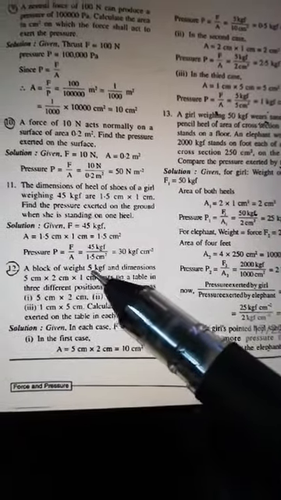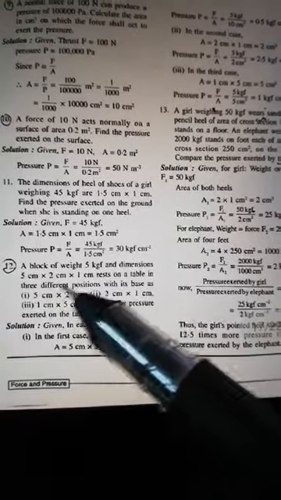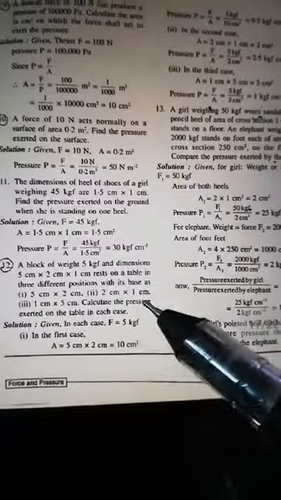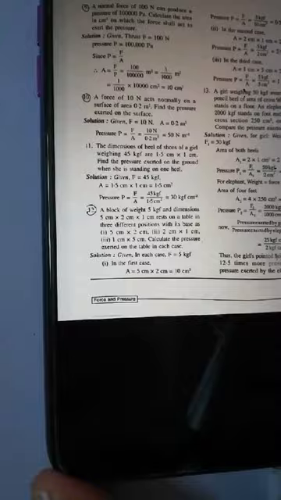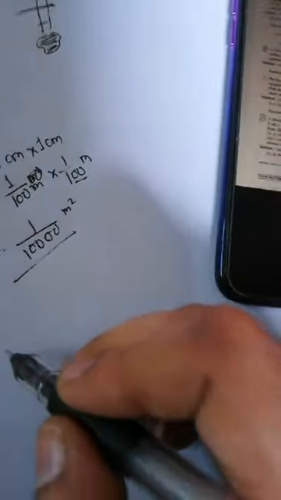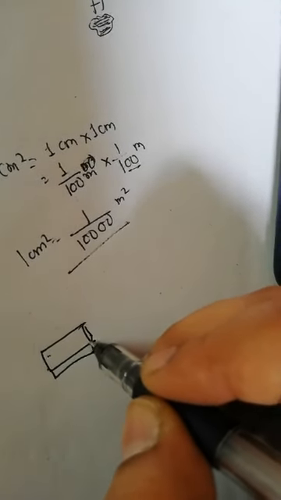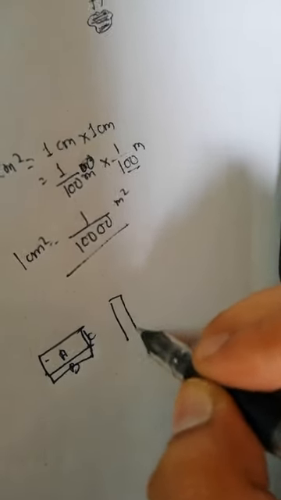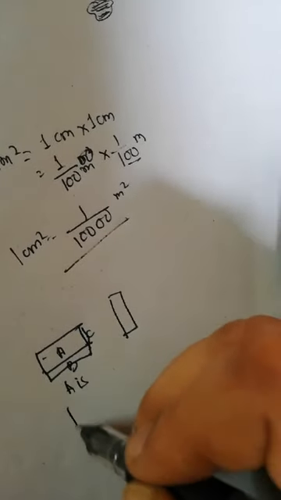Block of weight given in kgf again. Dimension is given in this way, on a table in 3 different positions. See, one this time, like this, like this. You have to find the pressure. For example, what they are saying, I'm making you understand. It's a block. So this time it will be one, A, and I have taken B. One time it will be, okay, that now this time A is facing down.